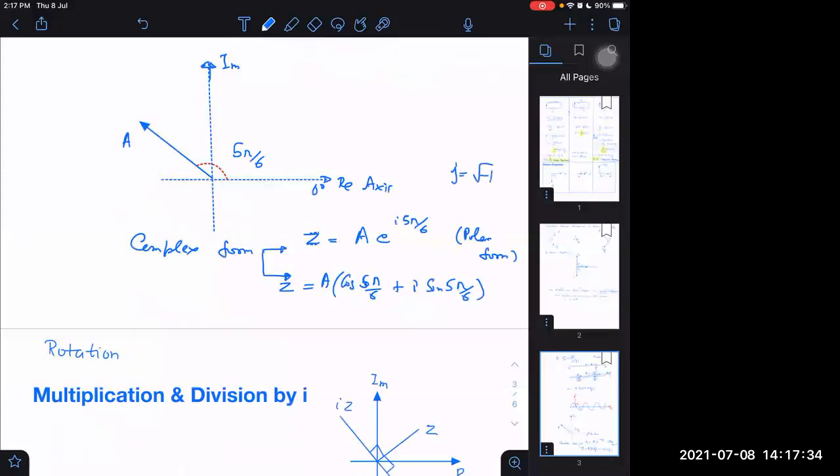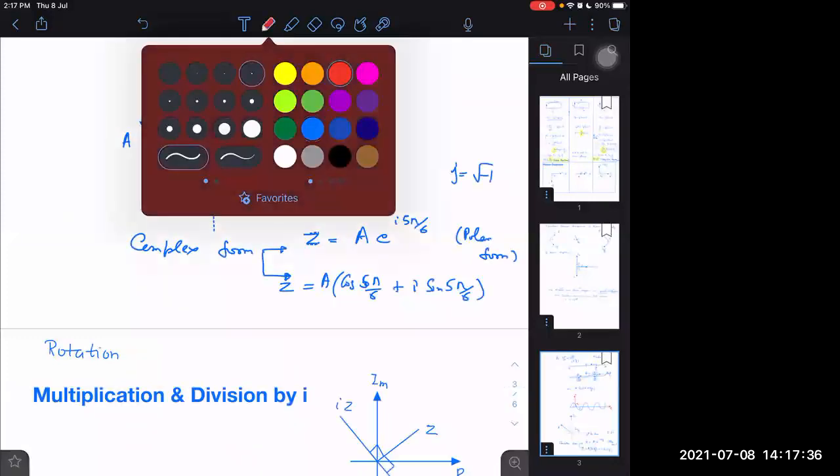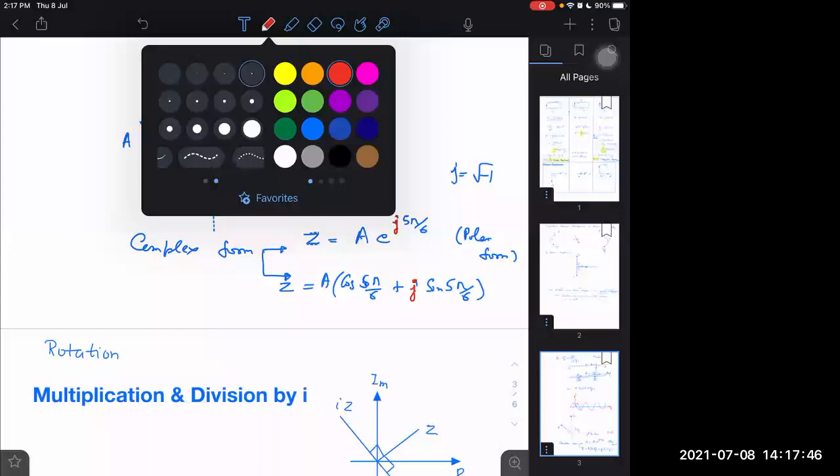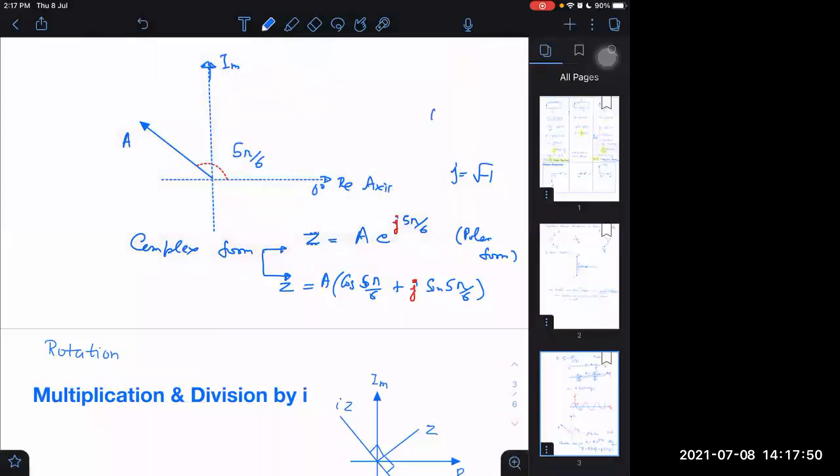One thing I will do from now onwards: I will not be representing the complex number by I, but by J, and I will give you the reason why. In our present AC chapter, I is very important and already well occupied by current. Current stands for I. Therefore, I cannot use confusing notation.